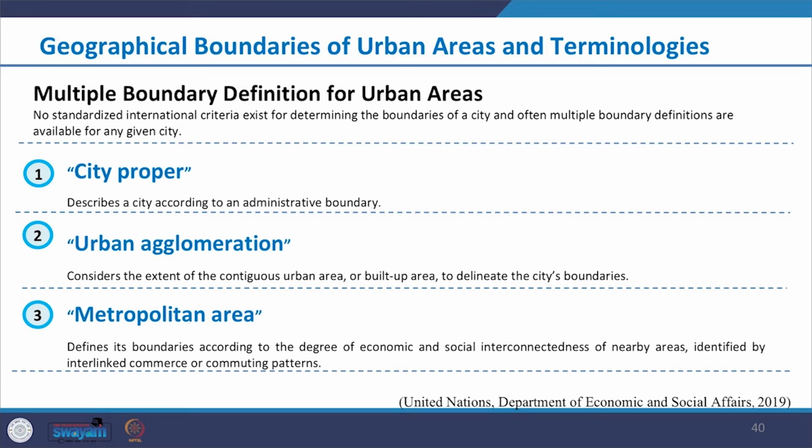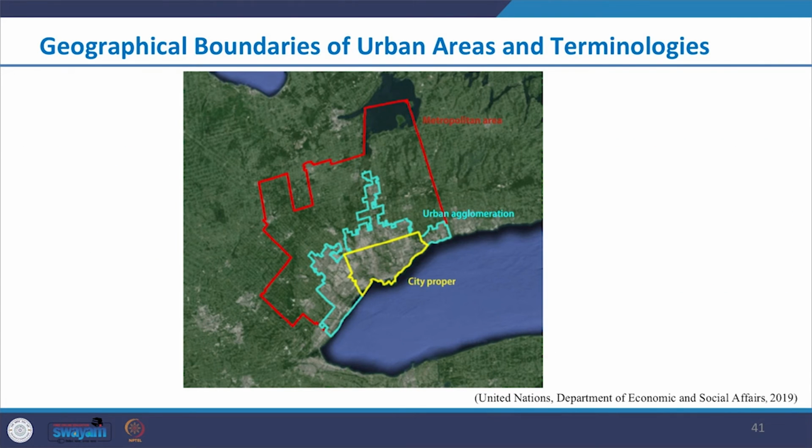In this diagram, this is the city proper. In the Indian context, we also call it a municipal boundary. This is exactly the administrative boundary where the city works and performs its functions.